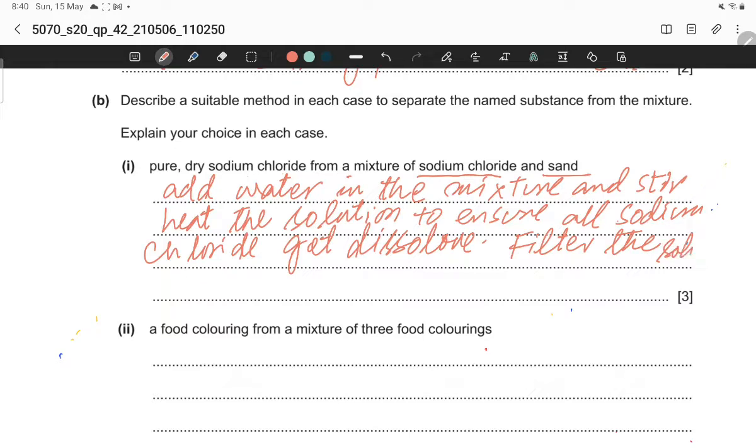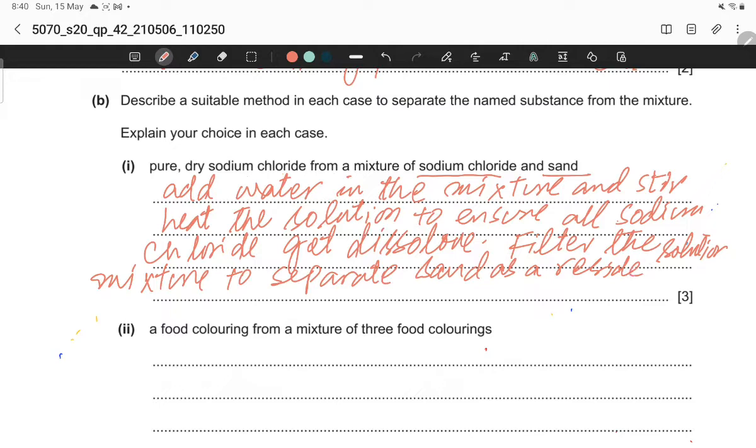Filter the solution mixture to separate sand as a residue, and heat the filtrate to evaporate water.